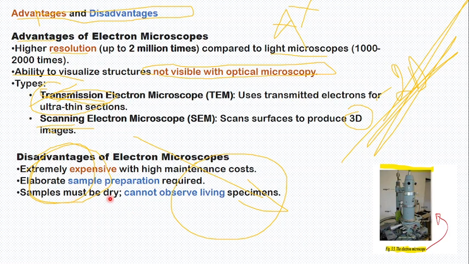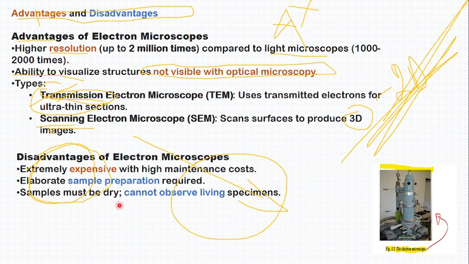Also, the sample must be dry, so you cannot observe a living specimen. Suppose that you want to observe living bacteria, this cannot help. To observe the sample here, the sample should first of all be dry.